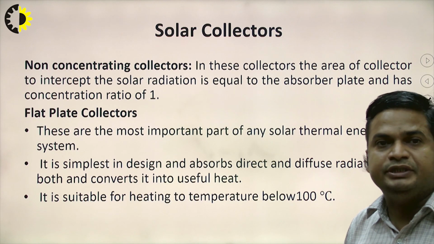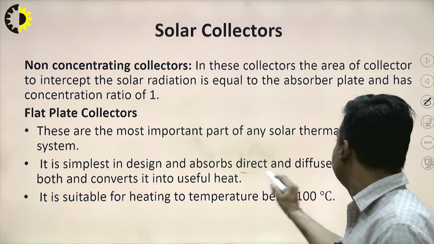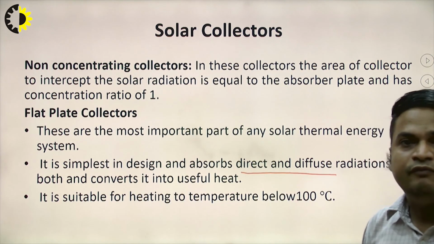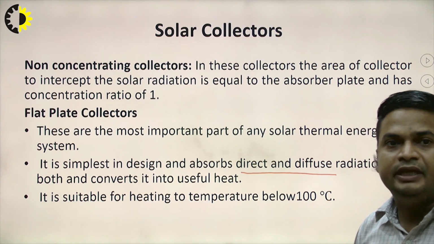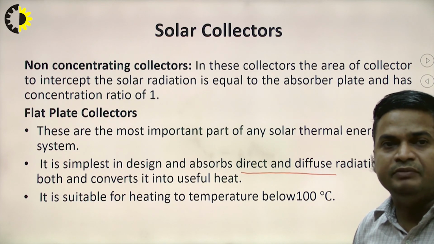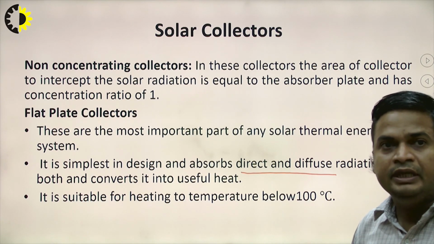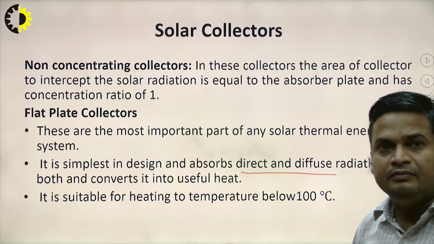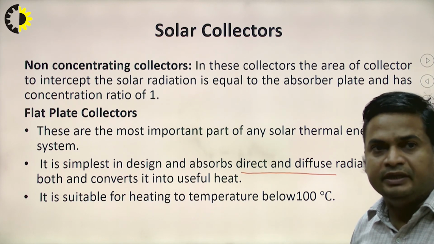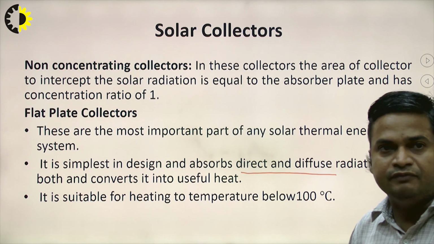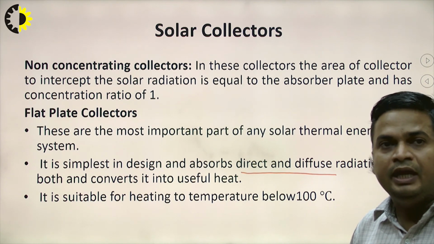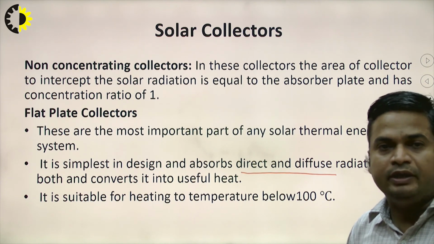Direct and diffuse radiation means, when we talk about direct radiations, the radiations coming from the sun fall directly on the affected area, or reach the surface of the earth or where the application is required.